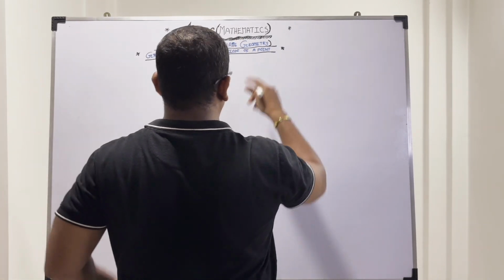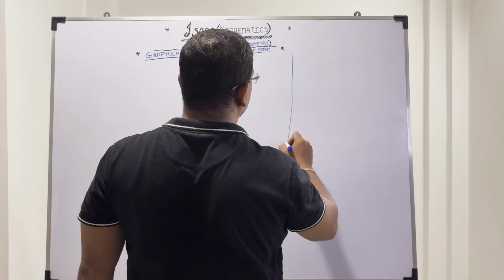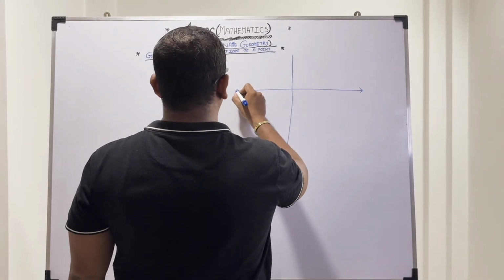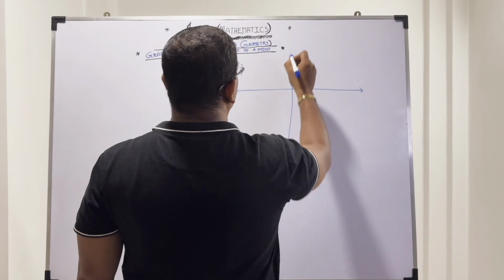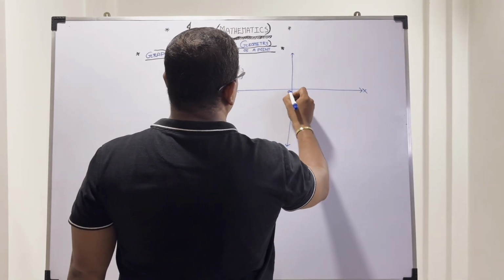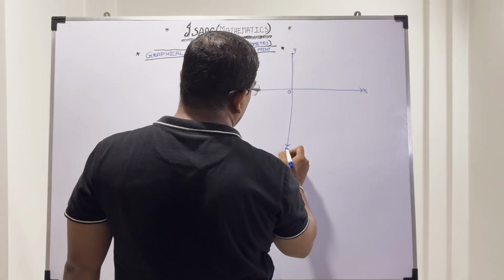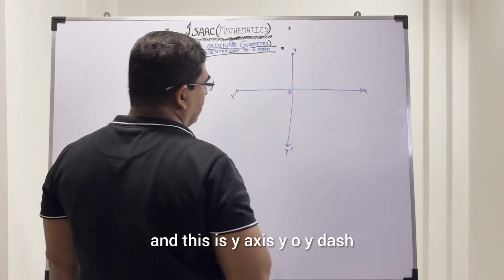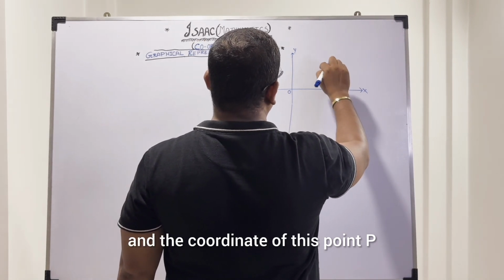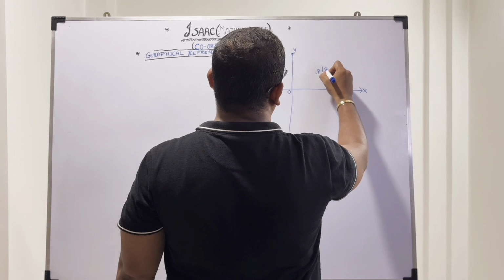So this is x-axis x o x dash, and this is y-axis y o y dash, and the coordinate of this point P becomes (5, 4).